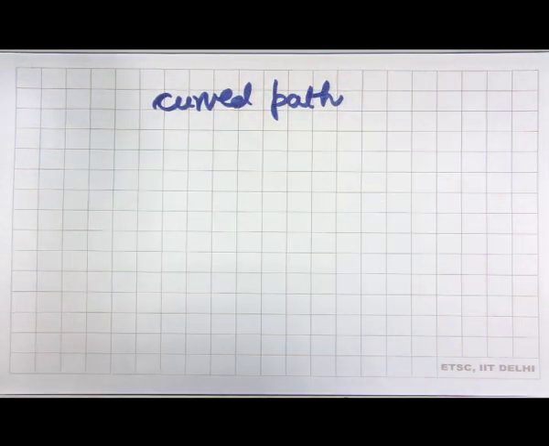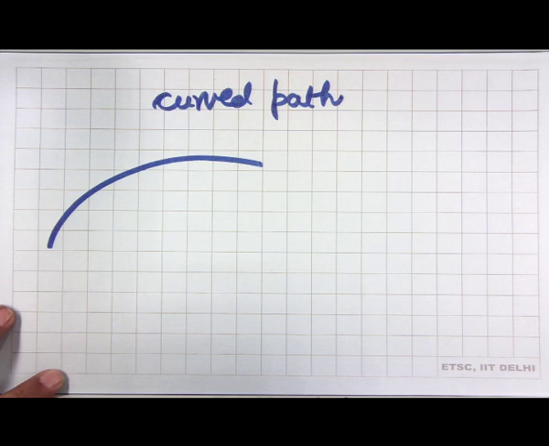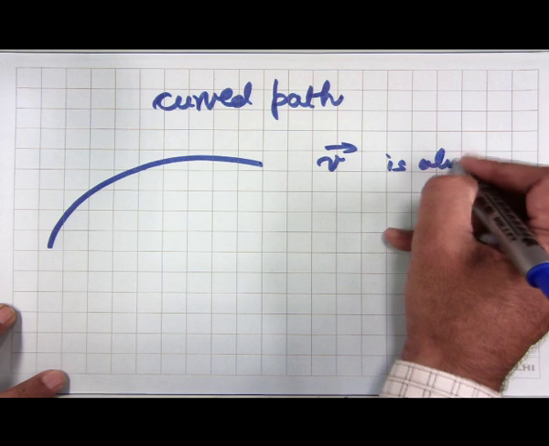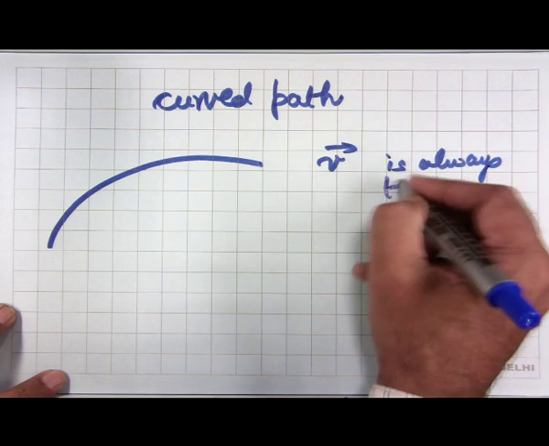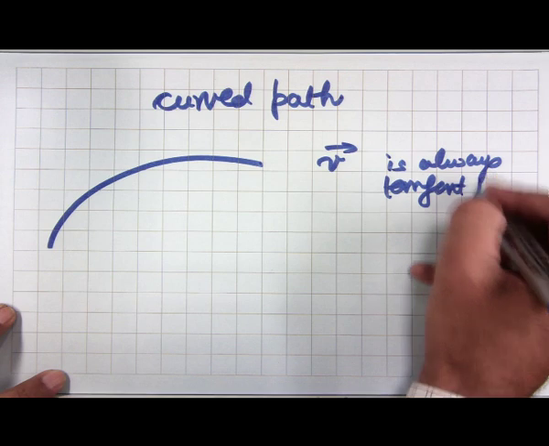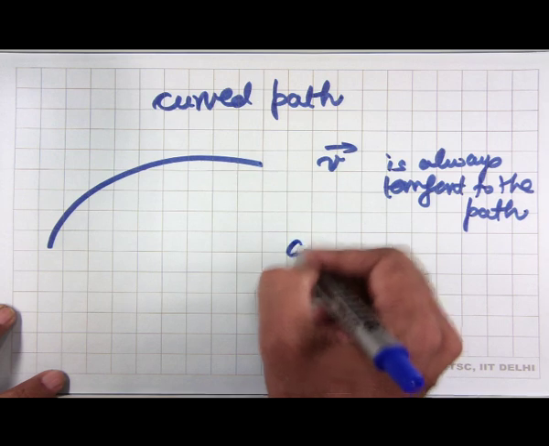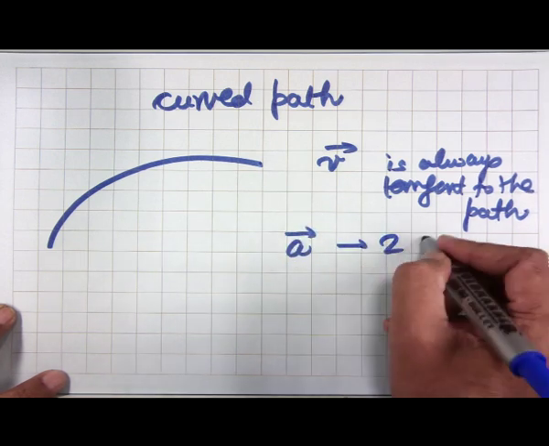And such a body in general will be moving along a curved path. Just to recap, what we had seen was when a body moves along a curved path, then the velocity is always tangent to the path and the acceleration has two components.